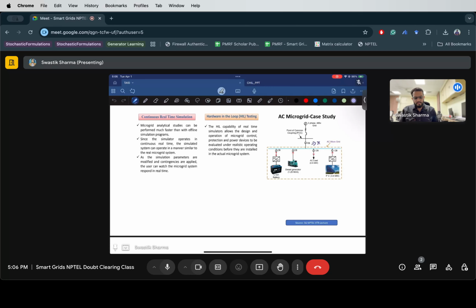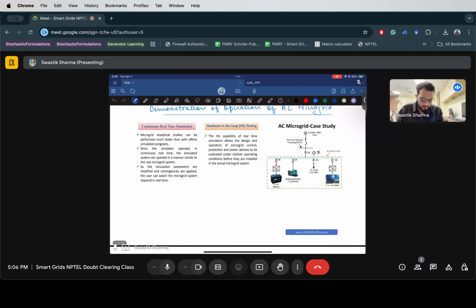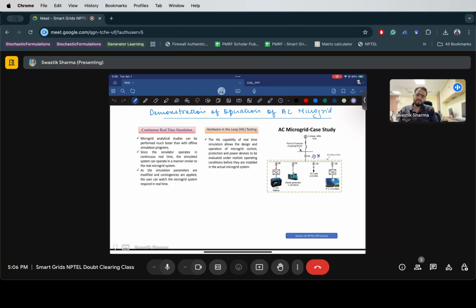So the first thing that we are going to study today is modeling and simulation of an AC microgrid. We want to propose how an AC microgrid would look like and how it will work.